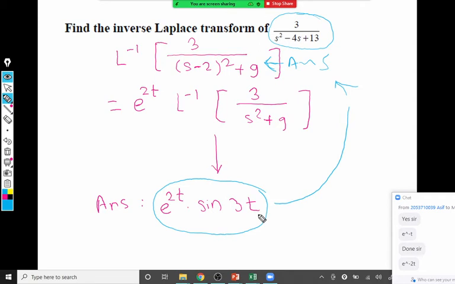So all the questions you can do in both ways. Whenever you have some f of t, you find the Laplace of it, and once you get the answer, you can start inverse Laplace, and you will get the same function again.